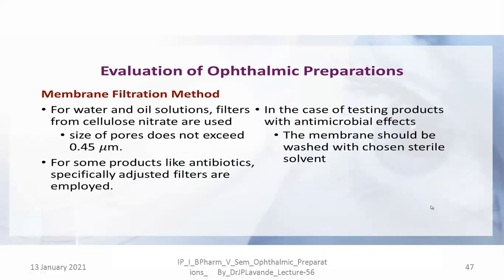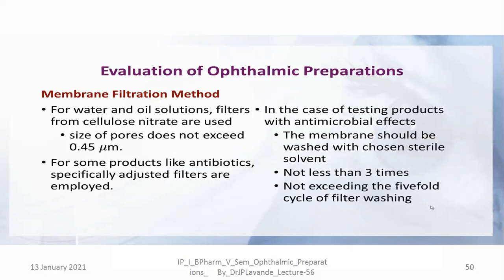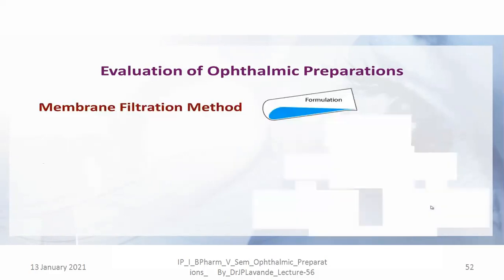In the case of testing products with antimicrobial effect, the membrane should be washed with a chosen sterile solvent not less than 3 times. So it is necessary to wash these membranes 3 times with the sterile solvent, not exceeding a 5-fold cycle of filter washing for 100 ml of the solvent.